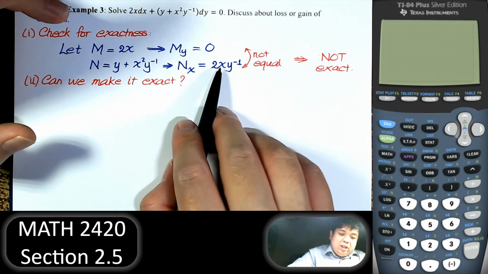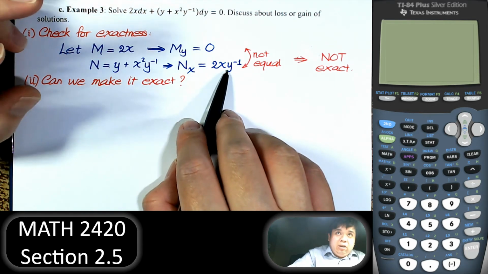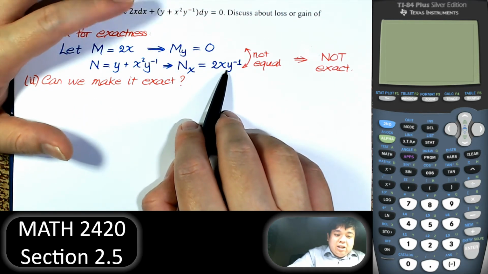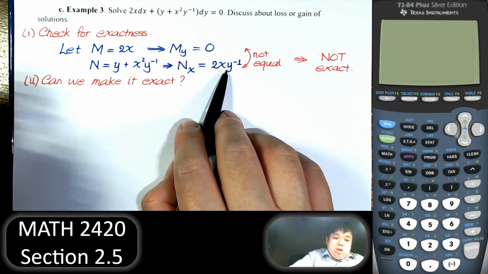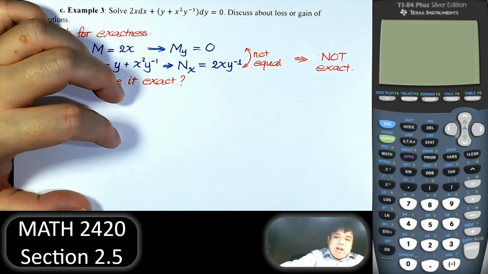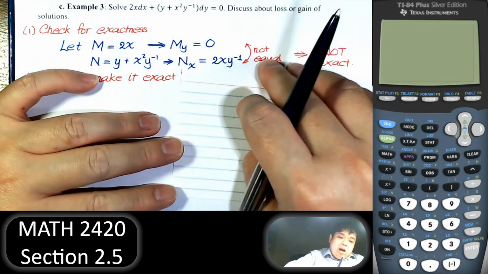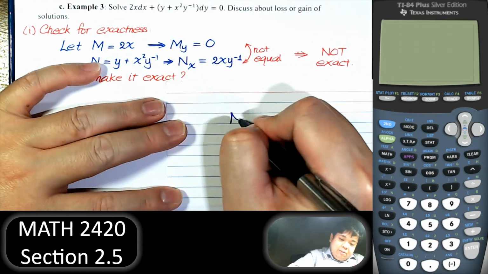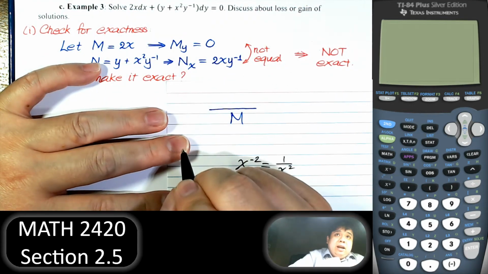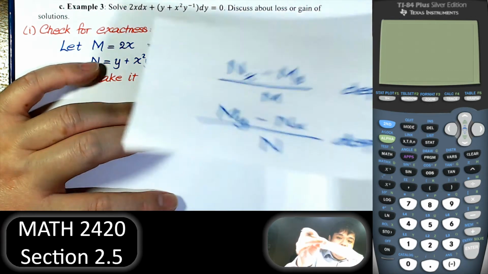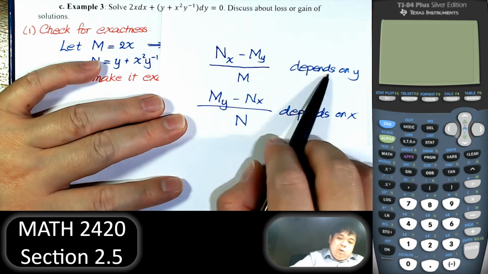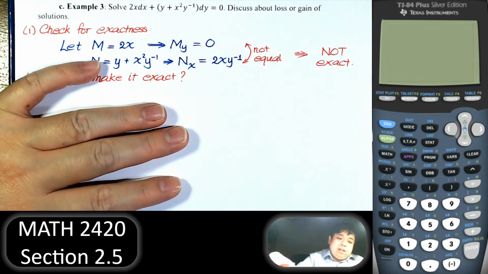We have 2x and y to negative 1, right? But if we divide by 2x, the x and the x cancel out. We only have y to negative 1, so that's perfect. So the way we think about this, if we divide by M, then it only depends on y. So again, if we divide by M, it only depends on y, so that is perfect.